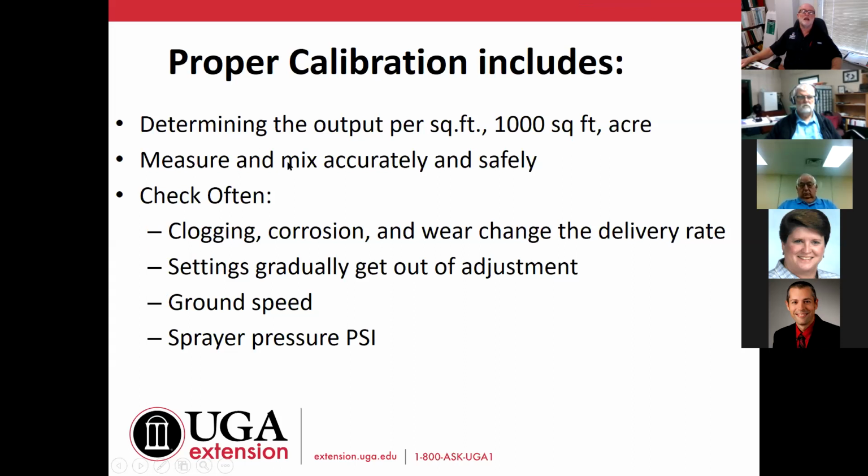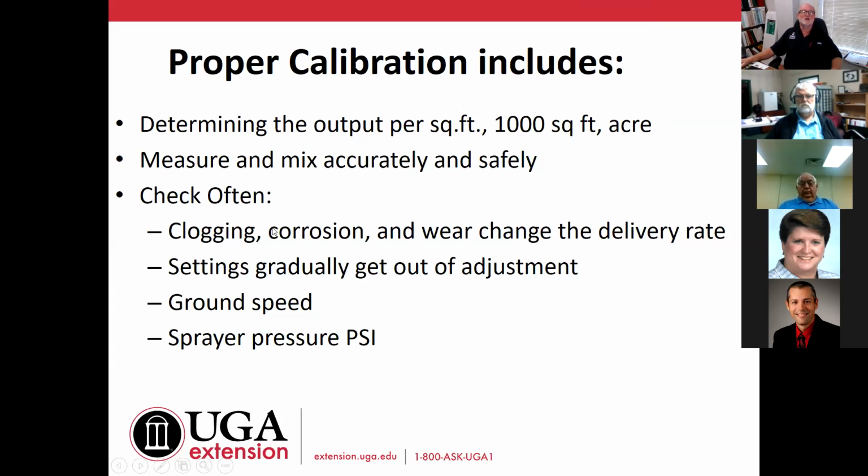Calibration means you understand the output based on the area that you're treating, whether it's per square foot or 1,000 square foot or on an acre basis. Calibration also includes that we're going to measure and mix our concentrates and products accurately and safely. When we're making that application, pay attention to your equipment.